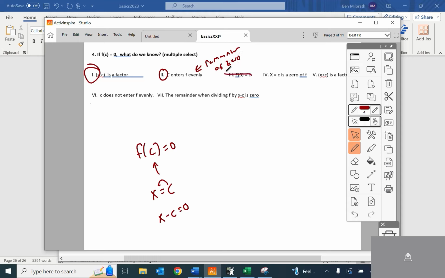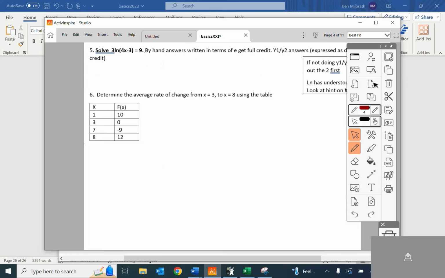Not true. X equals c is a 0. Notice it literally says c is a 0. F of c is a 0. And the remainder when dividing by x minus c is 0. So there's 4 things you have to pick out there. And they all come from knowing a little bit of function notation.